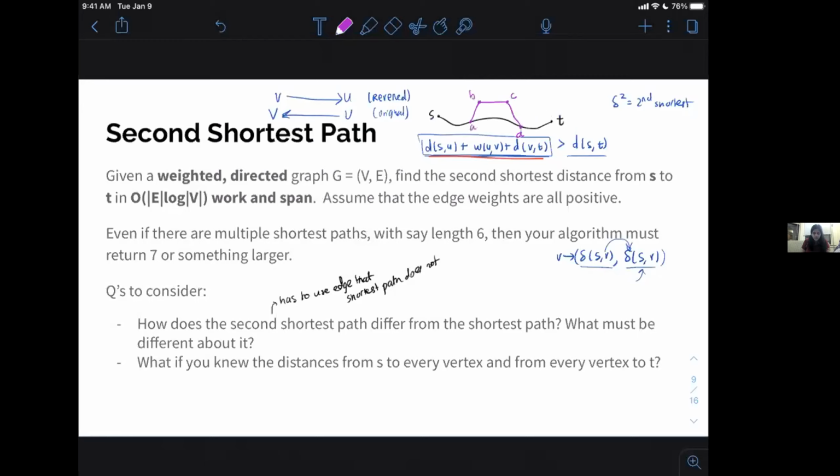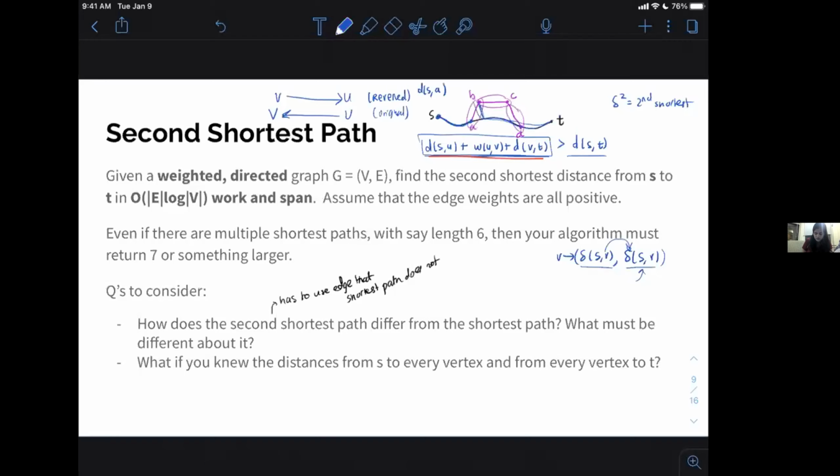So you're going to check the edges A, B, B, C, and C, D. When you check the edge A, B, you're guaranteed that this is the path that you find for the distance from S to A, because you know that this is the shortest distance from S to A. But then it's not necessarily true that you know what the shortest distance from T to B looks like, right?